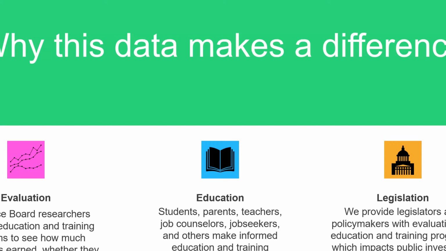And also, if you're a private career school, you're required to provide this data to us to retain your license. So that is another big reason to report your data.